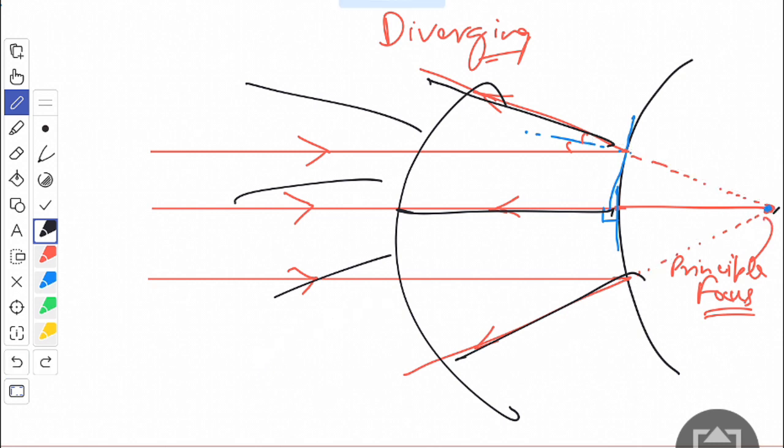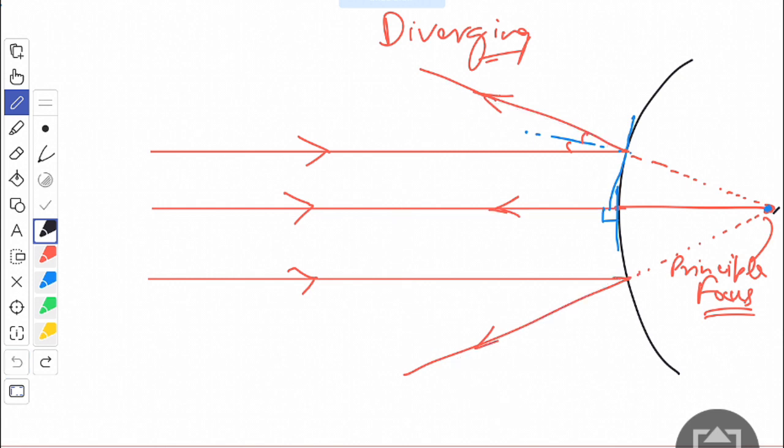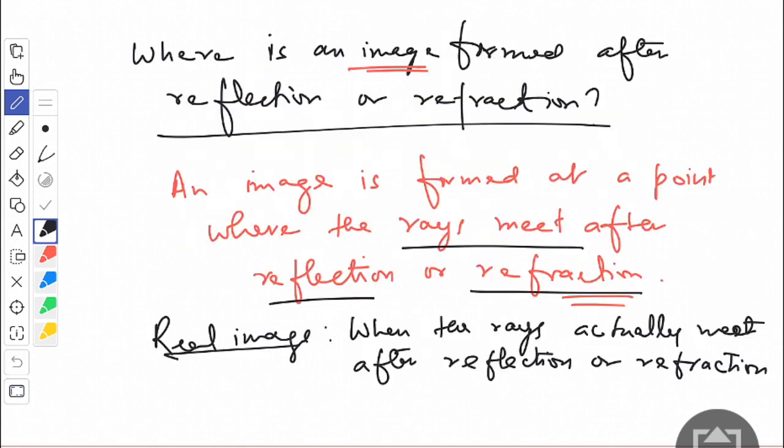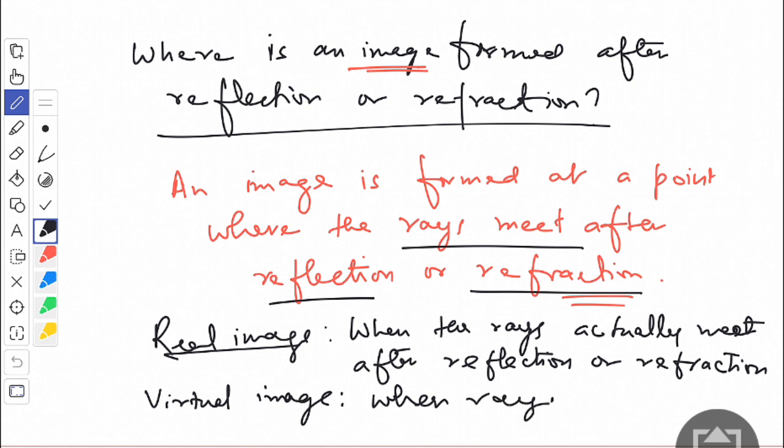So now we'll talk about virtual image: when rays meet only when extended backward.